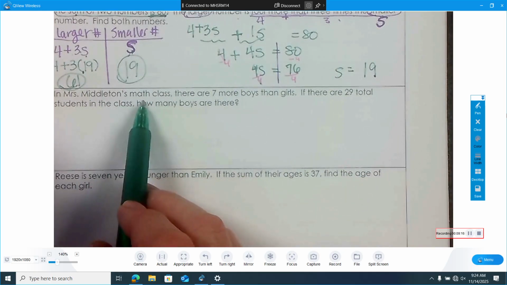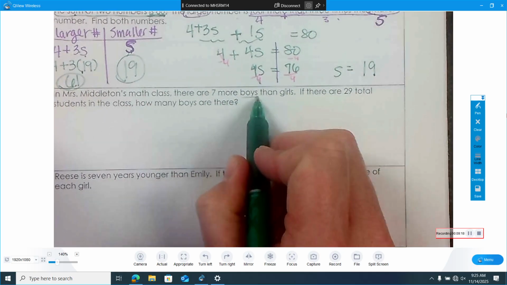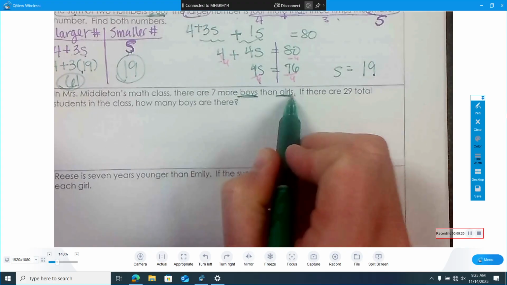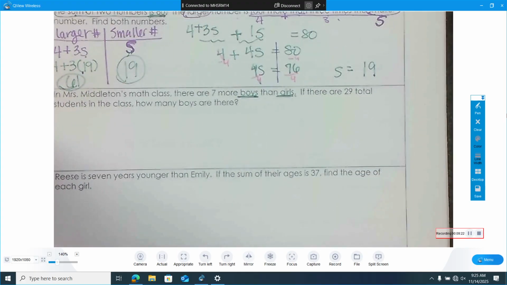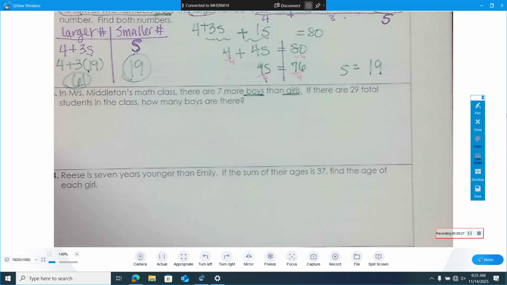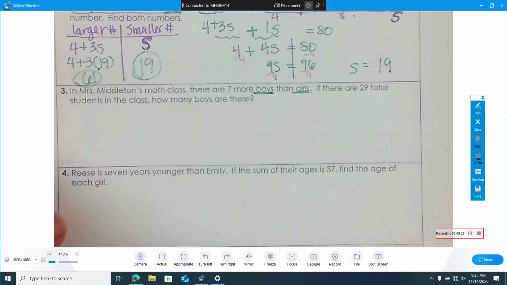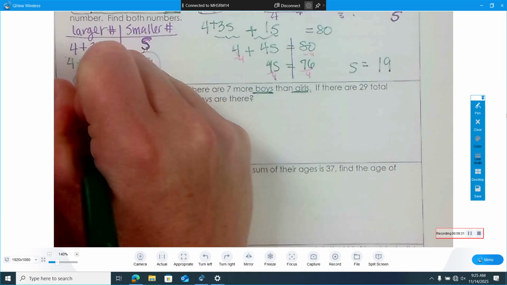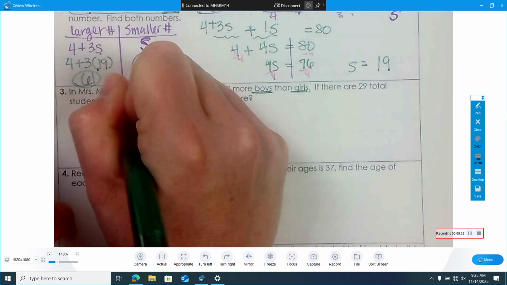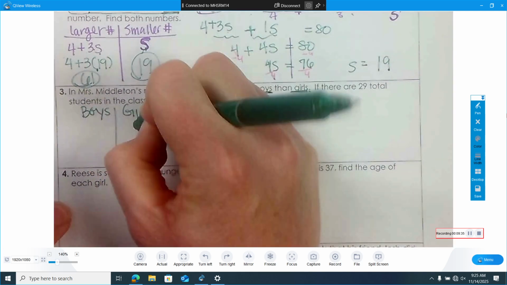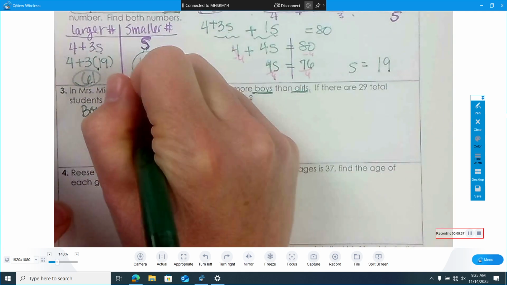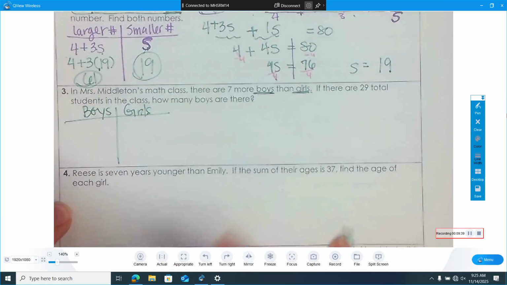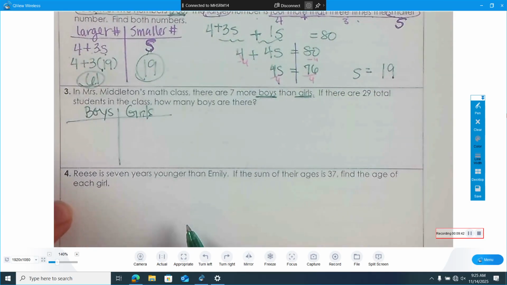In Miss Middleton's class, there are 7 more boys than girls. If there are 29 total students in the class, how many boys are there? What are the two things we're talking about? Boys and girls are the two things that we're talking about. All right, we got boys, we got girls. Now, let's see.